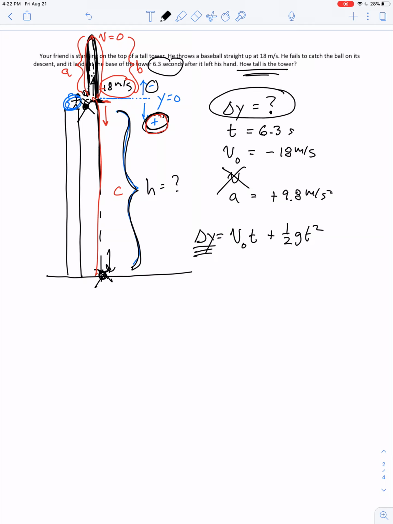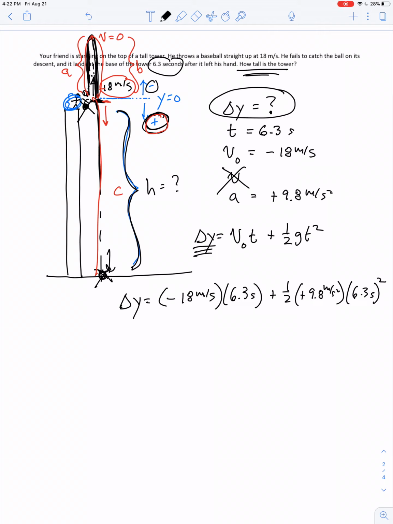We're trying to solve for delta y, and the equation we chose is already expressed to solve for the variable in question. So delta y is equal to negative 18 meters per second, double check why I chose negative, times 6.3 seconds plus 1/2 of positive 9.8 meters per second squared times 6.3 seconds quantity squared.